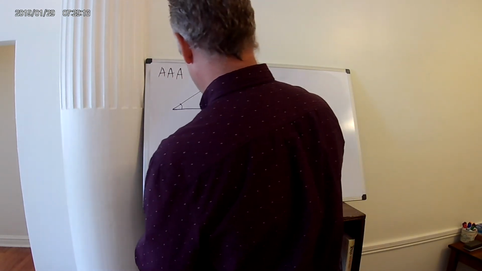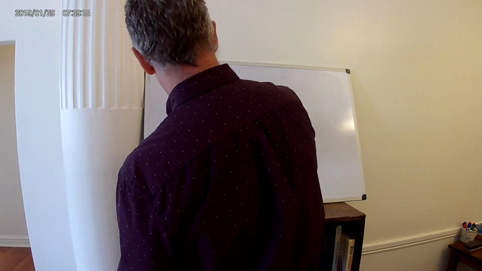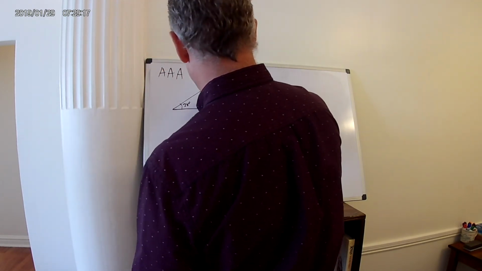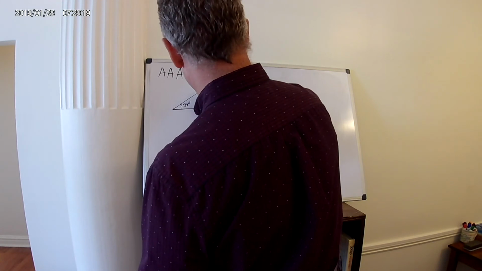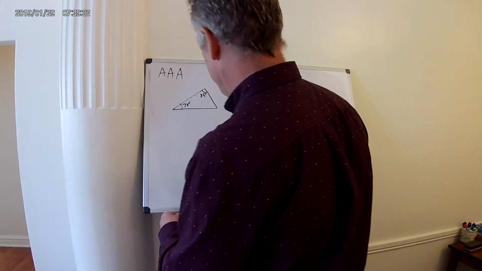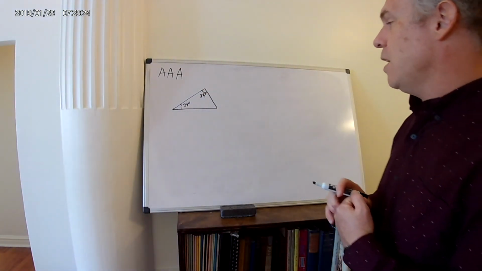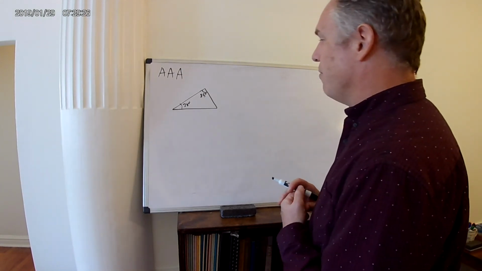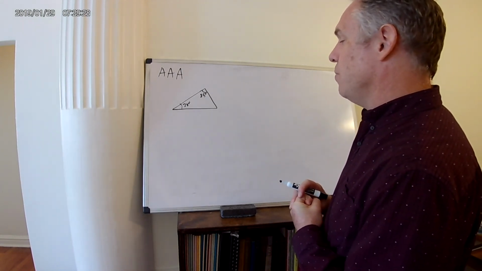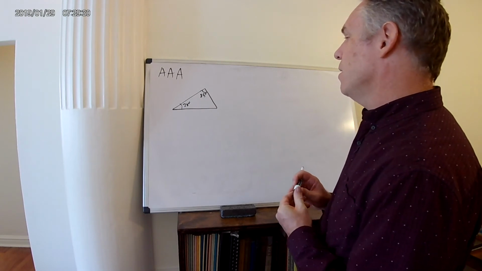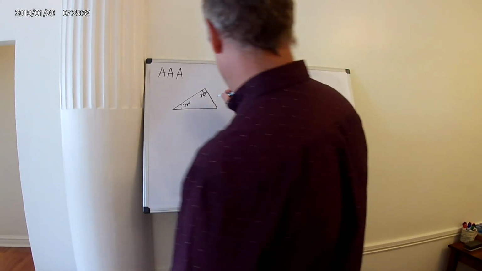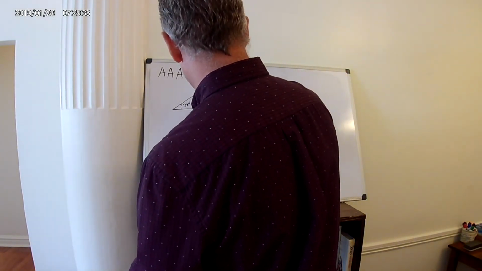Let's say this was 28 degrees, this was 85 degrees, and then you could find this angle here. That's going to be 67 degrees.